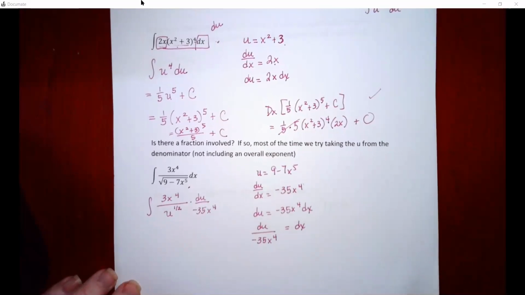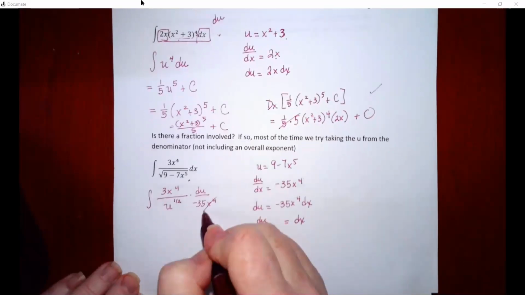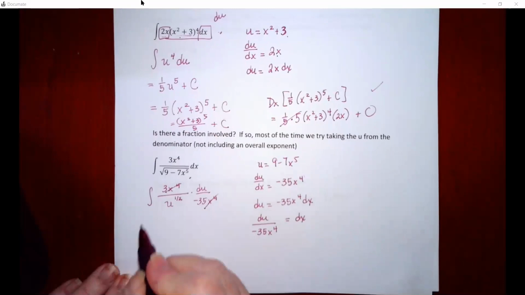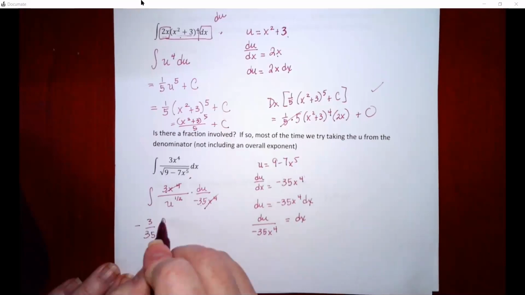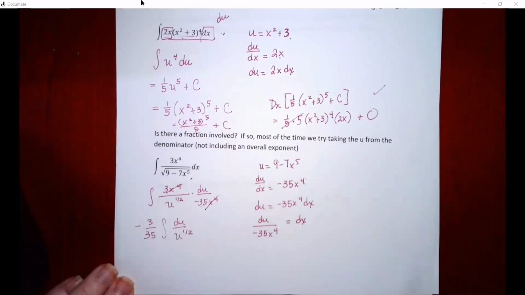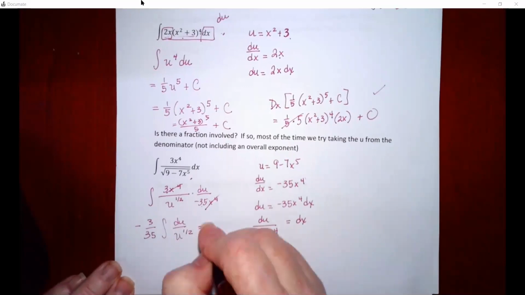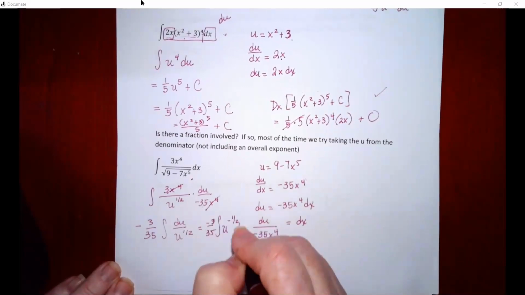If they don't, we have to back up and try a different substitution. But this one cancels with this one, and when I factor the constants out front, we would have negative 3 over 35 times the integral of du over u to the 1/2. Or that would be negative 3 over 35 times the integral of u to the negative 1/2 du.